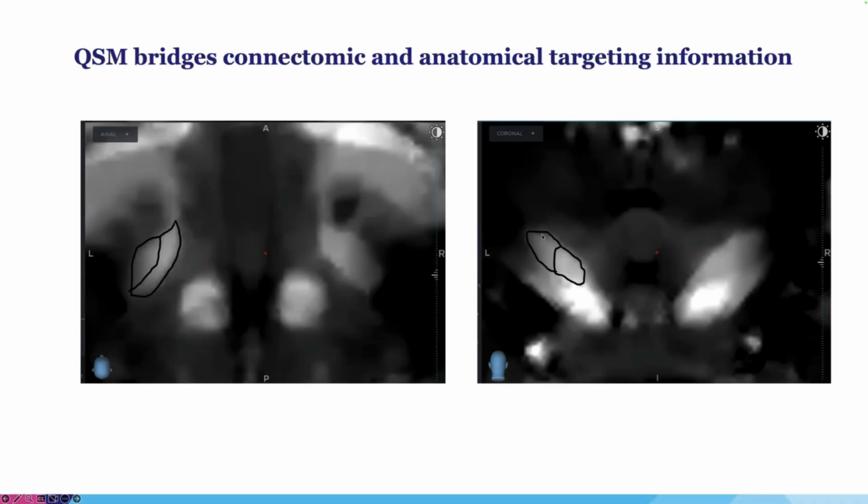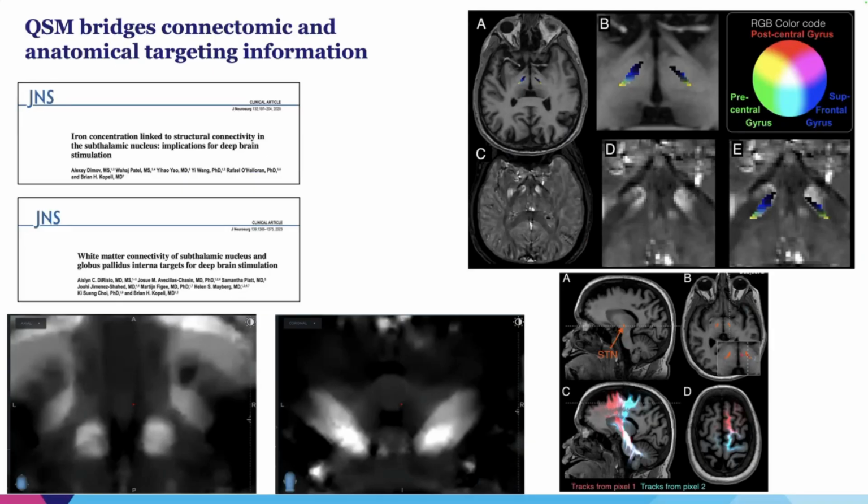But the question is, does that correlate with connectomic information? So we ran a number of studies placing ROIs representing VTAs within the STN, both in that dense region and the less dense region. We demonstrated a correlation that went from prefrontal to premotor to motor areas within the STN.